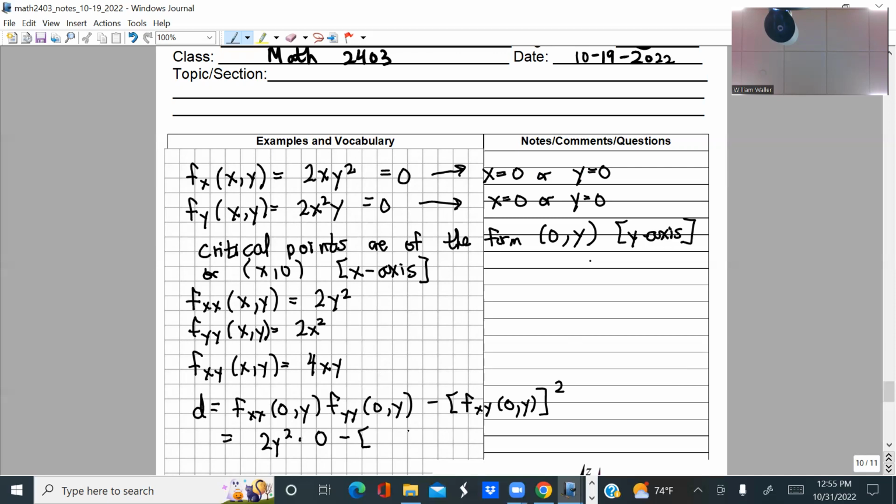Minus, and then what's the mixed partial derivative turn out to be? Well, you're just plugging y in for y, so that's irrelevant, but you're plugging 0 in for x. So this turns out to be 0, squared. So altogether you get 0. That's bad news.